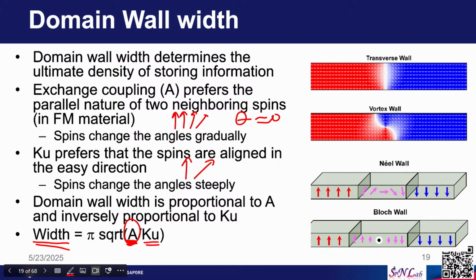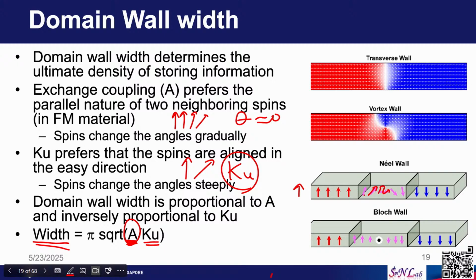So, what does the Ku want? The Ku does not want any spins in the hard direction. Let us say the perpendicular direction is the easy direction. So, if Ku is high, if many spins are in a direction like this, away from the easy direction, then the anisotropy energy will be increased.